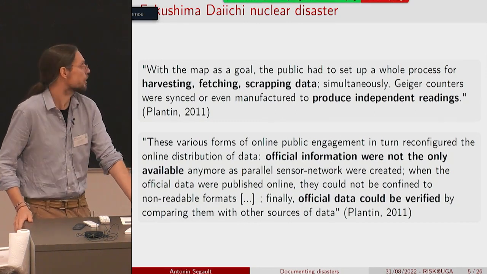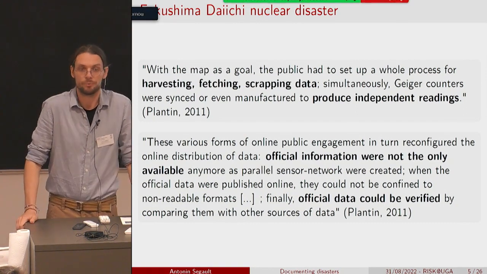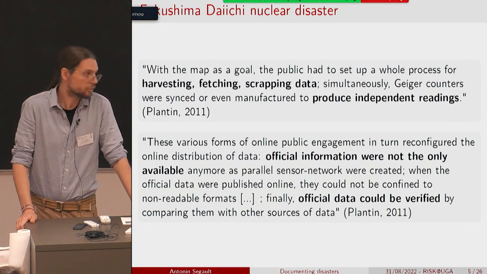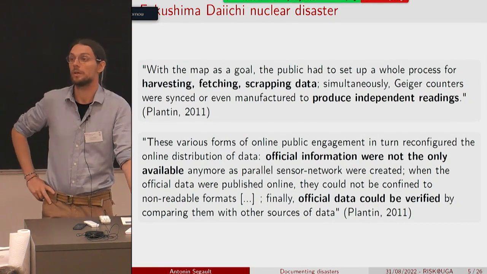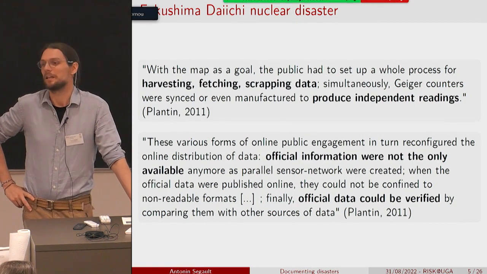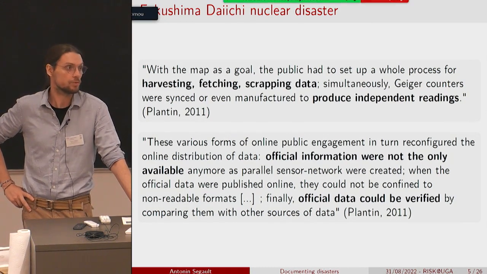And so they started to scrape, harvest, collect, map, graph all this data that was available. And some people also started to make their own measurements, because even if those devices are rare, they are not completely rare. And some people had access to Geiger counter, so they started to make measurements and to share them through weblogs, through webcams, through Twitter.